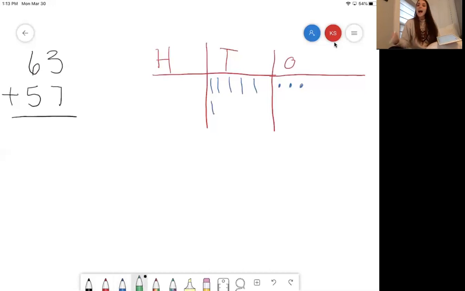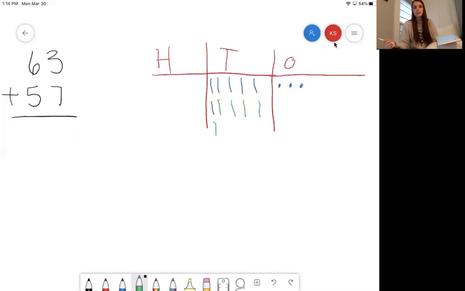Moving on, I'm going to look at my number 57, and I'm going to ask myself, how many tens do I have in 57? Right, I have 5 tens in the number 57. So I'm going to draw 5 french fries, or 5 tens, to represent that in my tens column. 1, 2, 3, 4, 5.